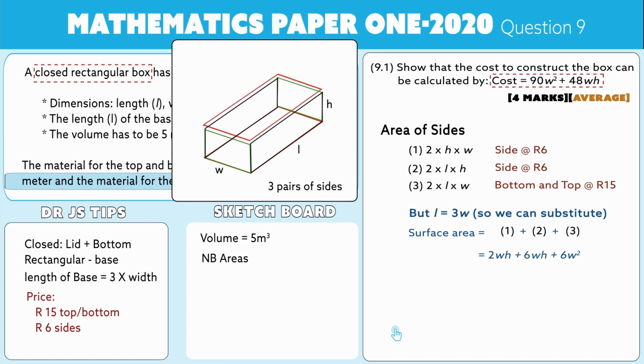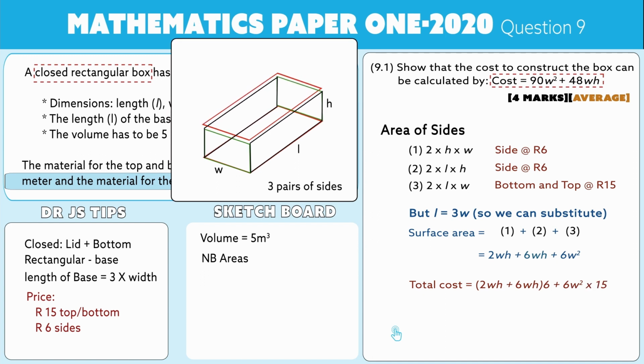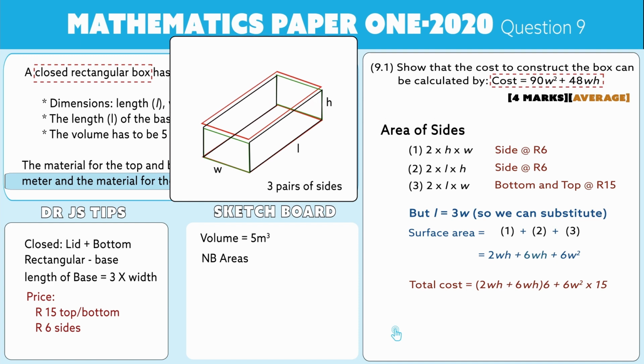So for the total cost, we'll now have the first 2 terms, 2WH plus 6WH, the sides, and the sides are costing 6 Rand per unit, so we multiply by 6. Then the lid and the bottom are multiplied by 15 because that's how much they will cost.